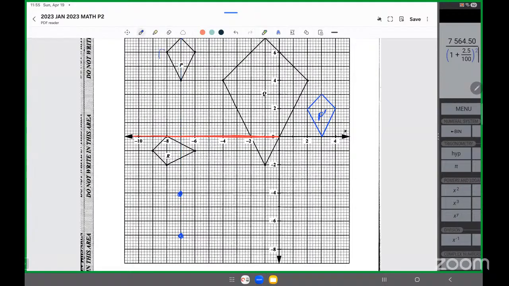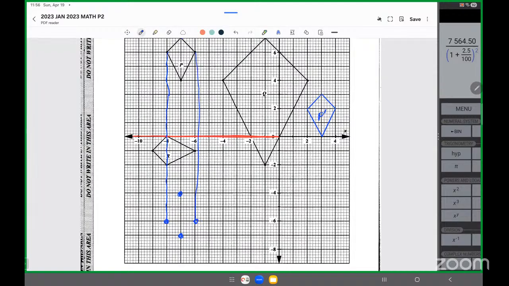And then these 2 points go the same distance to the mirror line on either side. So this one is what? 1, 2, 3, 4, 5, 6 to the mirror line. It's going to go 1, 2, 3, 4, 5, 6 to the other side to here. Another one is doing the same thing to the other side to here.